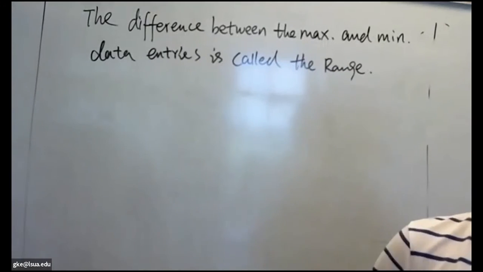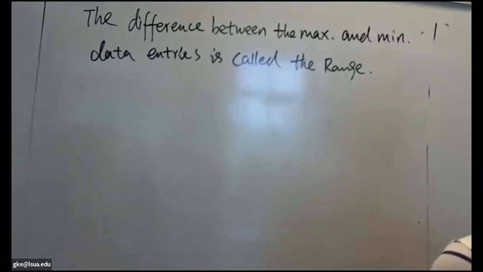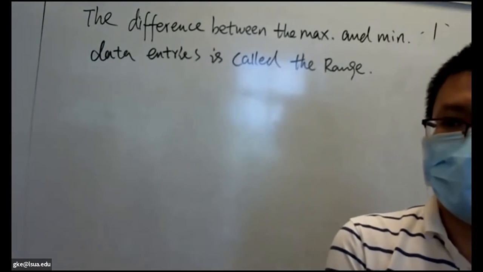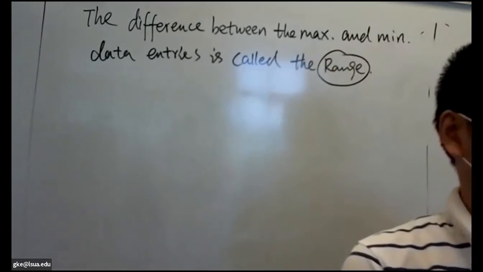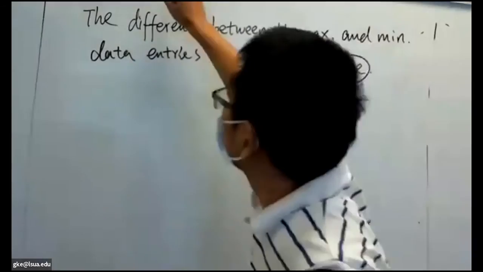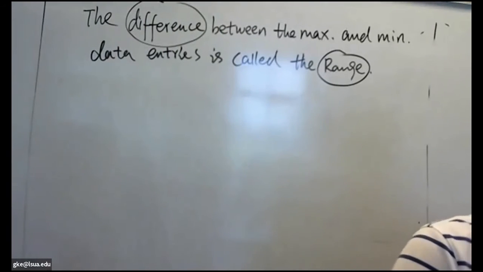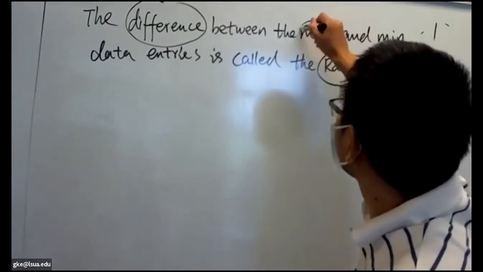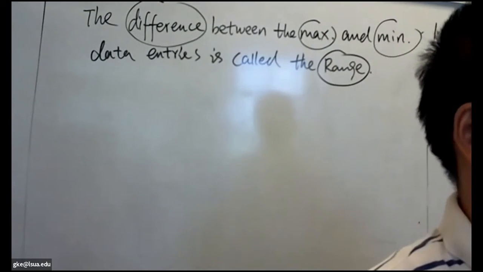Okay, so the keywords, let's find the keywords. The definition of range is the difference between what? Between maximum and minimum of the data.